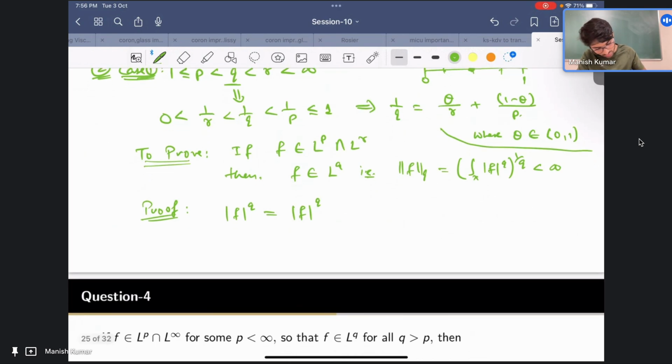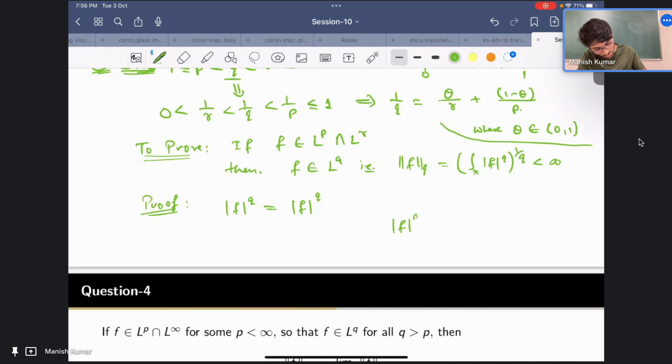Let me tell you the main motivation: I want to write |f|^q in terms of some power exponent of this times some exponent of that. Then I'll show that one factor belongs to some L^r1 space and the other belongs to L^r2 space, using the fact that the function is in L^p and L^r.